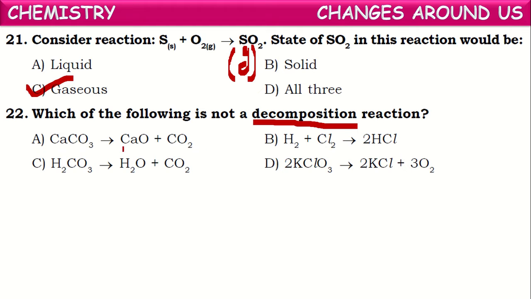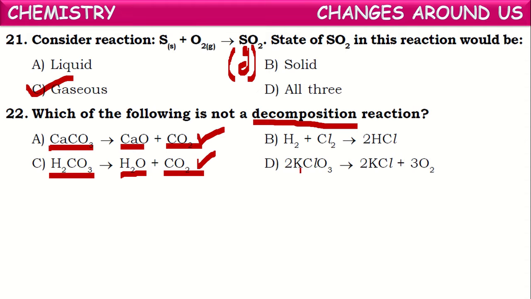One substance decomposed into two simpler substances. So it is a decomposition reaction, isn't it? Here this is carbonic acid, H2CO3, a single substance. It is splitting into two simpler substances. So it is also an example of a decomposition reaction.